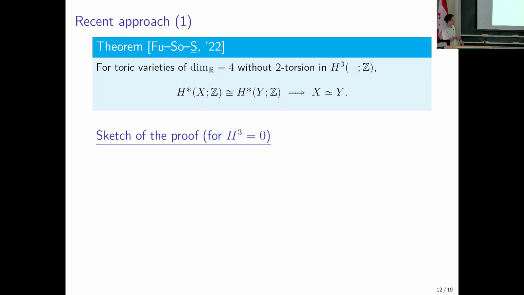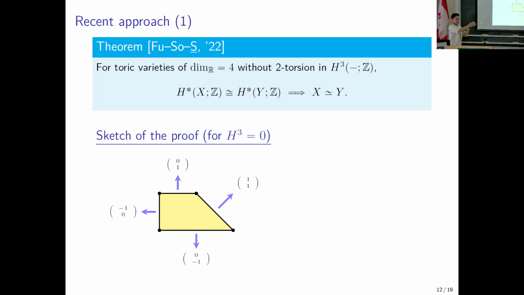Let me briefly explain how we get this statement. Just one simple example, right? So if I have this four-dimensional toric variety, this is a manifold example, but it's okay to work with orbifolds, whatever. If you think about the two-dimensional polytope, the picture that I showed you before is something like this.